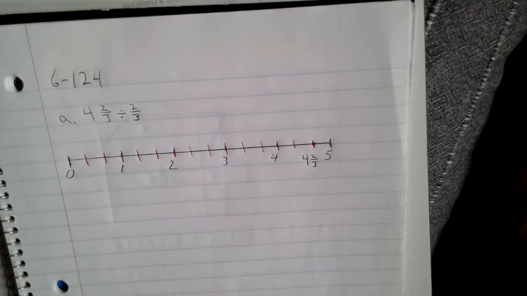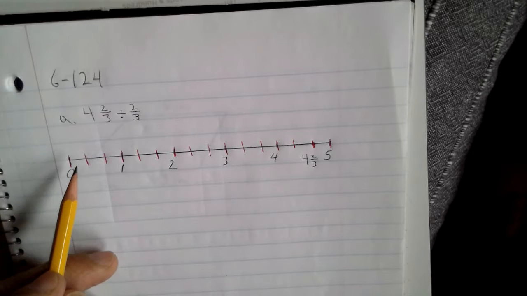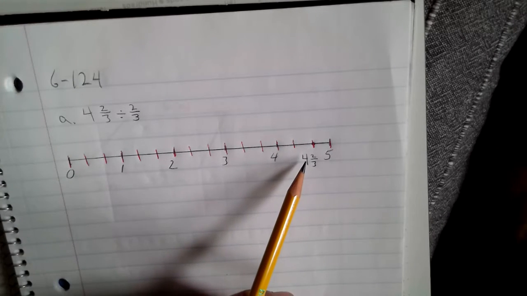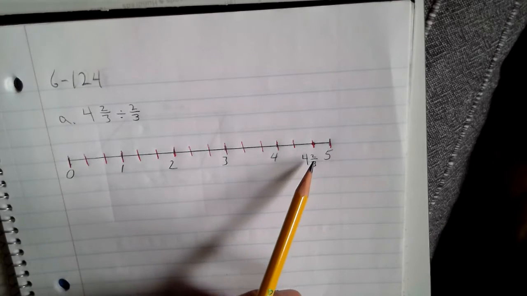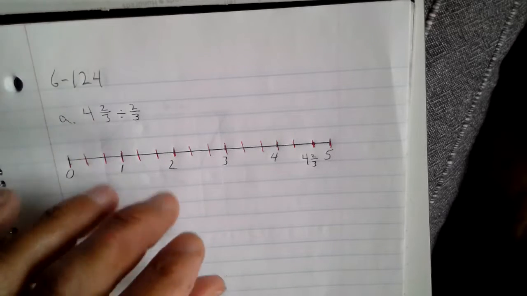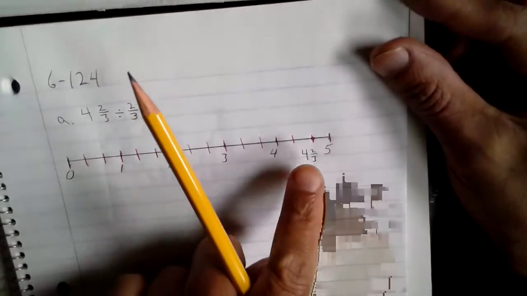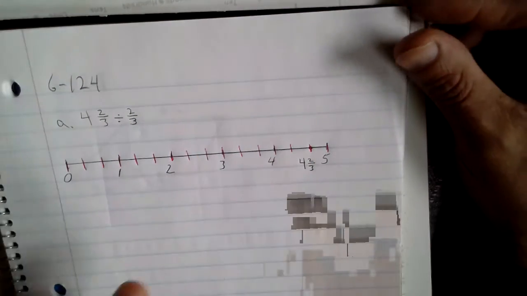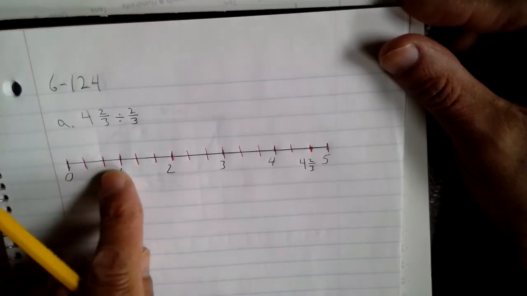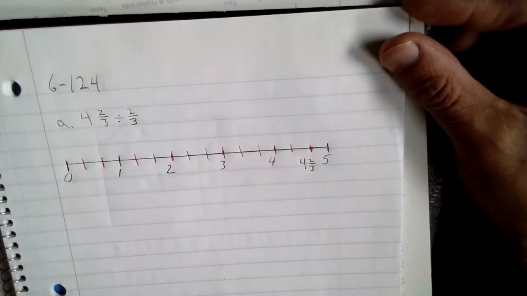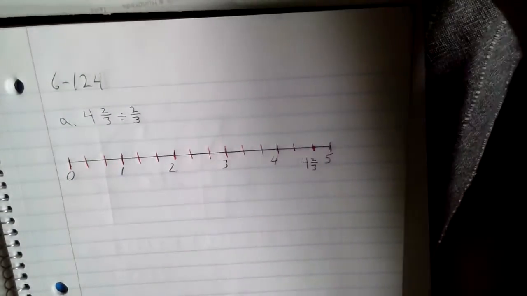Actually, I'm going to start at 0. Instead of starting at 4 and 2/3 and subtracting out, which is division, repeated subtraction, I'm going to go the opposite way today, just to see it a little bit differently. I'm going to start at 0 and go up to 4 and 2/3. We could do it that way also.